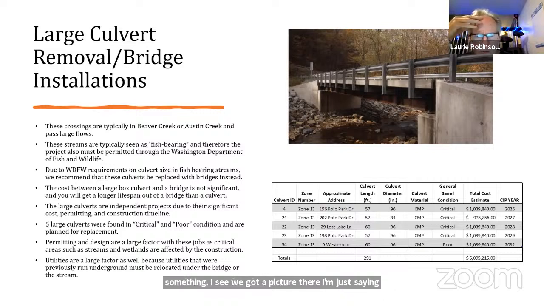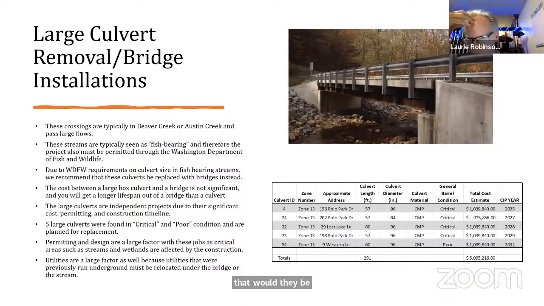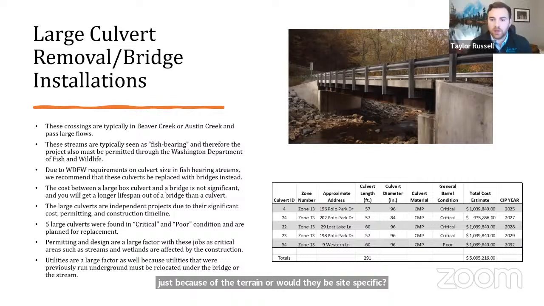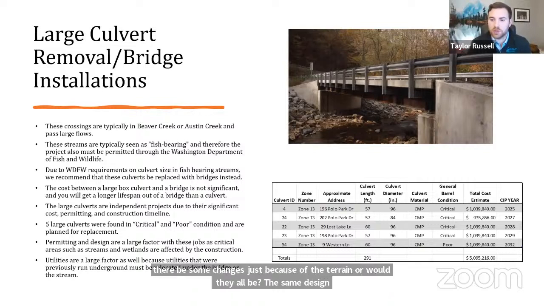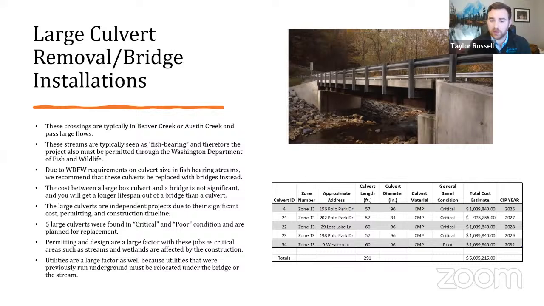Would there be some changes just because of the terrain, or would they all be the same design? They'd all be a similar design, a pre-engineered metal bridge, kind of like the golf course just put in, I think it was last year or the year before, similar to that but on a larger scale. Right now they're the most cost effective type of bridge that you can put in, especially in this case.